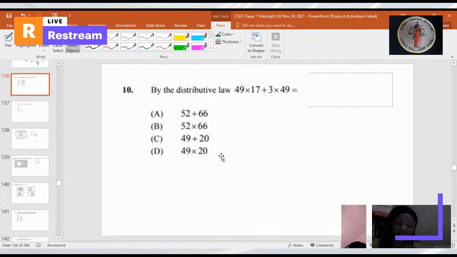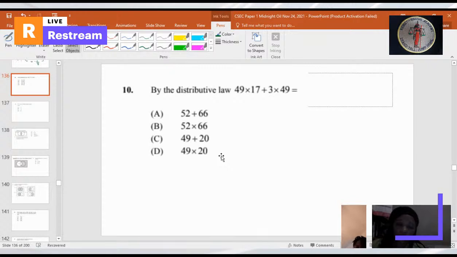All right, number 10. By the distributive law, 49 times 17 plus 3 times 49. My sense is the distributive law. Let's do them step by step.